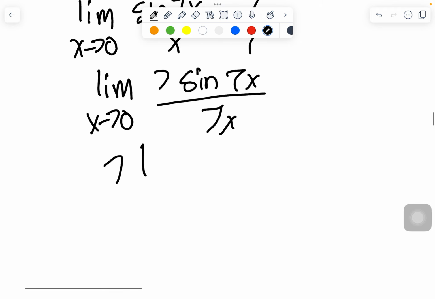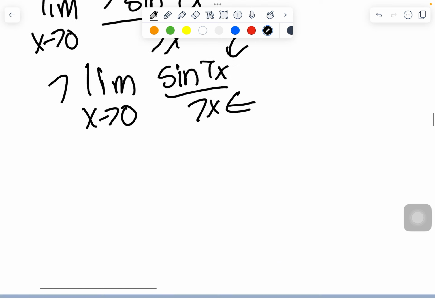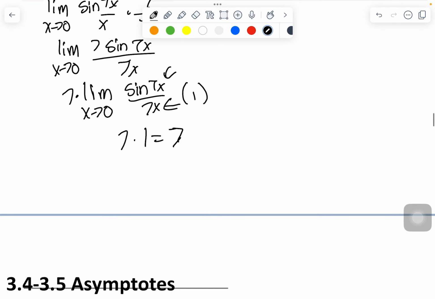And then we can take out the 7 since it is a constant. And since these two values are the same, we can set it equal to 1. Right, and then it's just our constant times all of this, which is equal to 1.